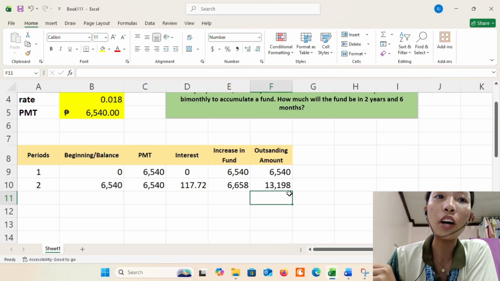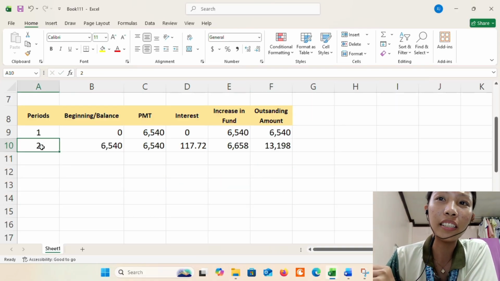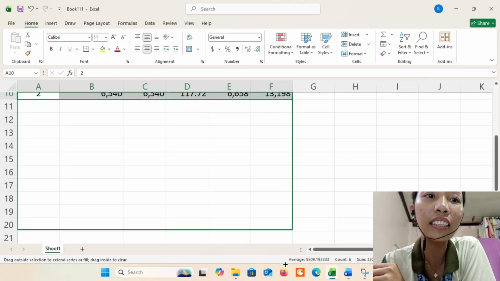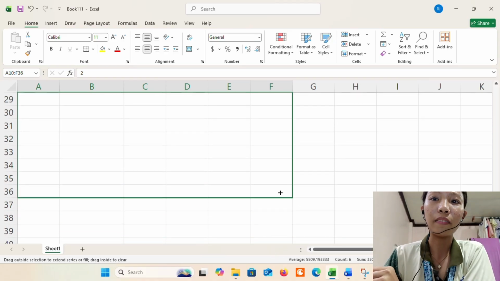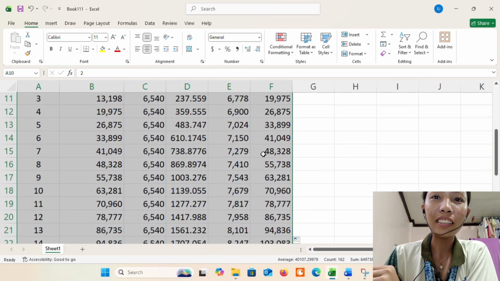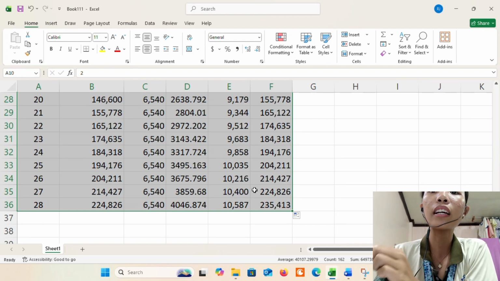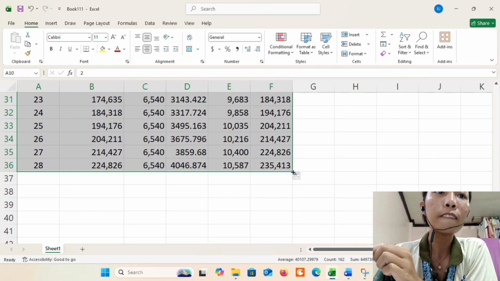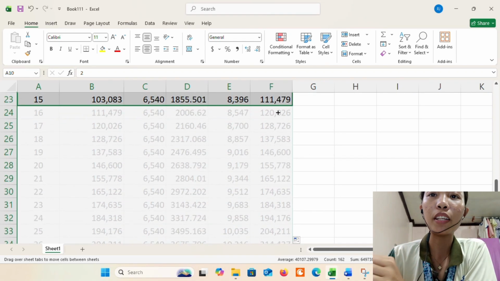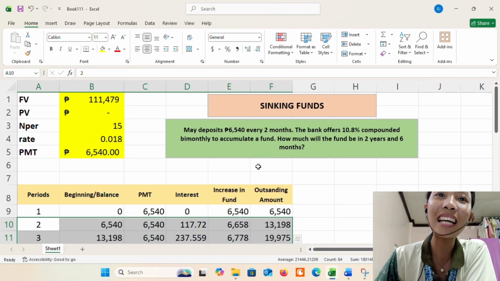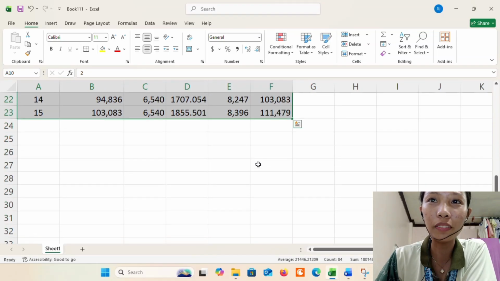So after finishing the second column, let's highlight this and extend this until, okay, our NPER is only 15, so let's end only at 15. So here, we are done with our sinking fund schedule. So that is how you make a sinking fund schedule.